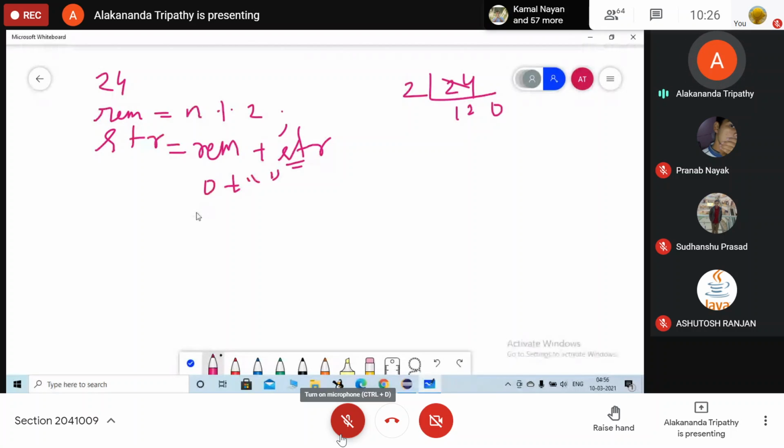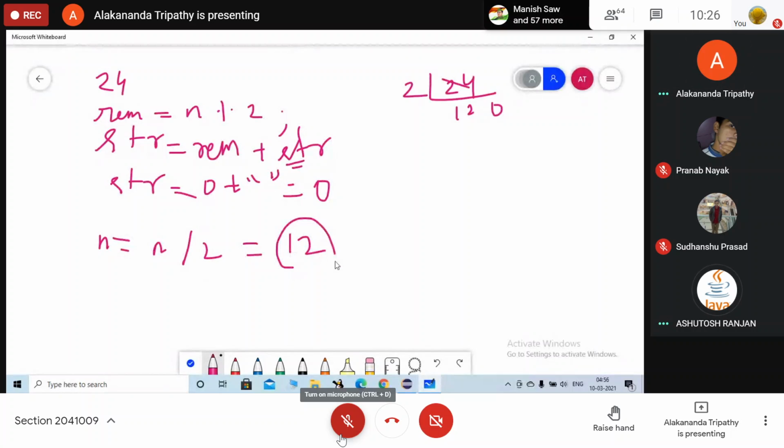So str कितना हो जाएगा, what will be the value of str, 0. Then n equals to n by 2. n by 2 हो गया तो कितना होगा, 12.